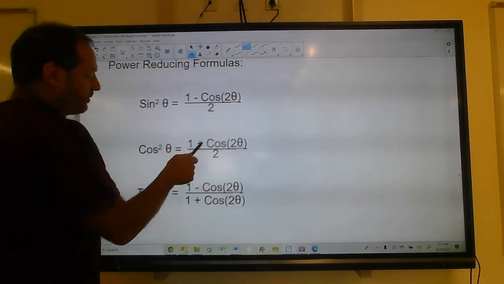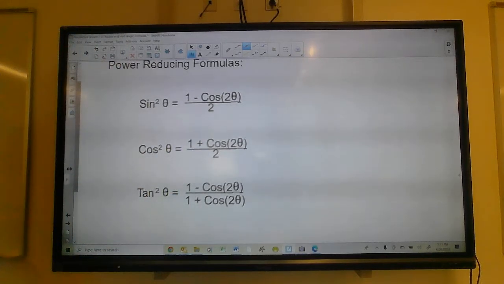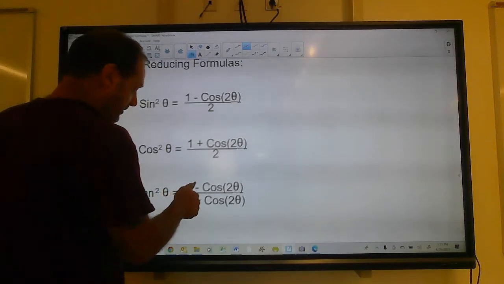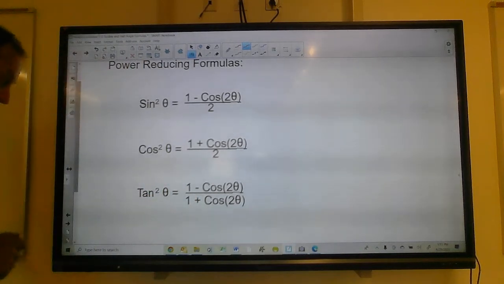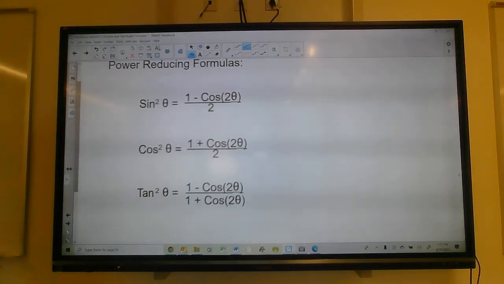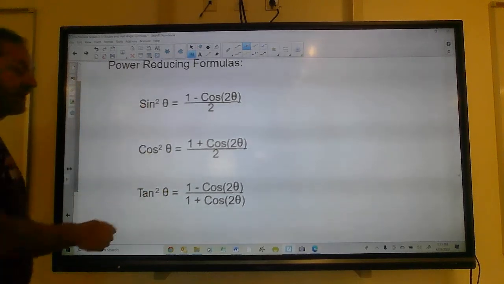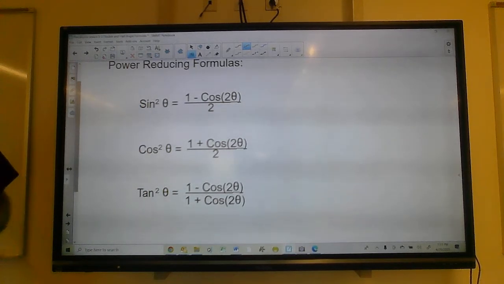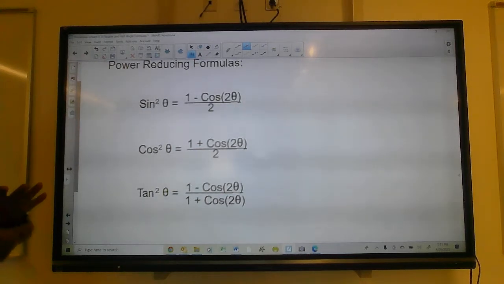The cosine squared is 1 plus cosine 2 theta over 2. And the tangent squared theta can be reduced to 1 minus cosine 2 theta over 1 plus cosine 2 theta. So these let me reduce powers down when I've got something that's by itself and I can't get rid of it any other way.